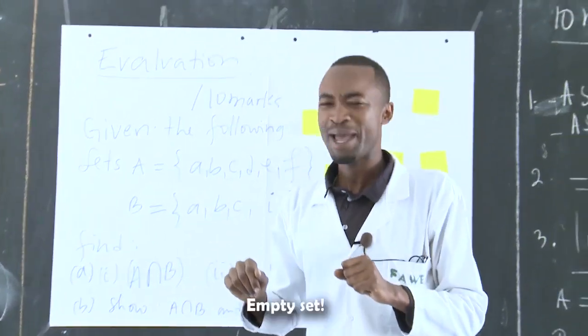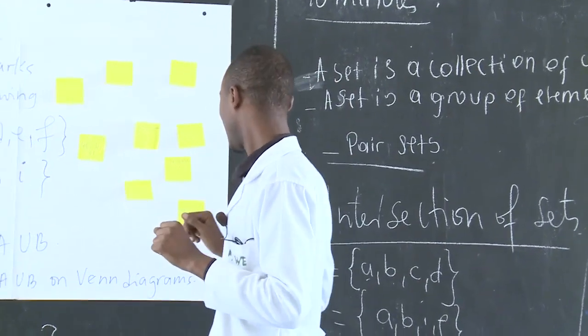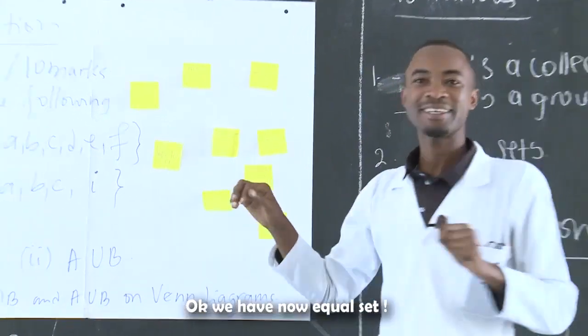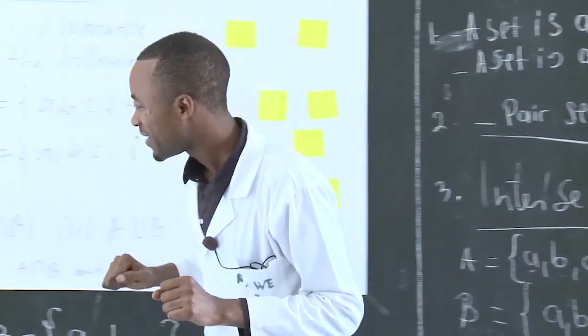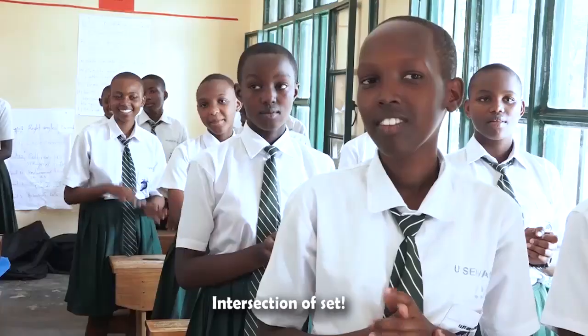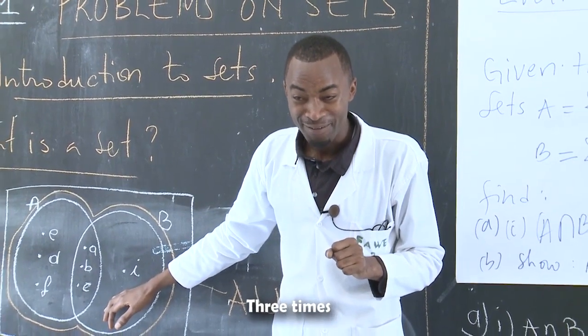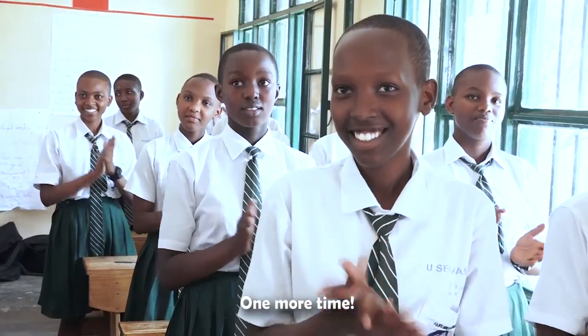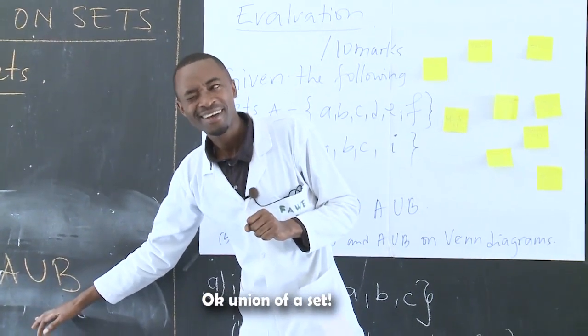Okay. Empty set. All right. We have now equal sets. Intersection of sets. How many times? 3 times. One more time. Okay. Union of sets. Good.